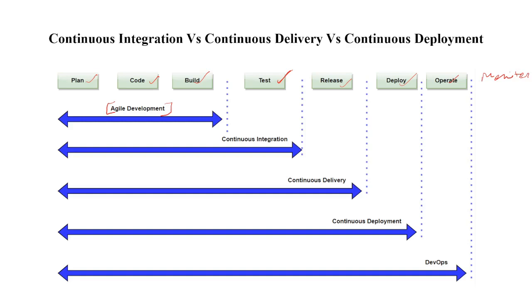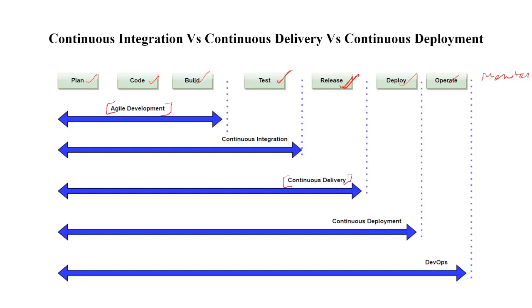The next thing is release. If we include the release after the testing, and our code, service or functionality is tested and ready for release, then we refer to that as continuous delivery.